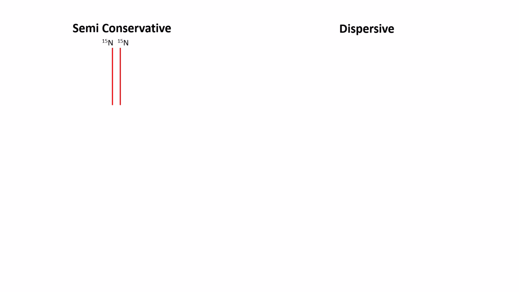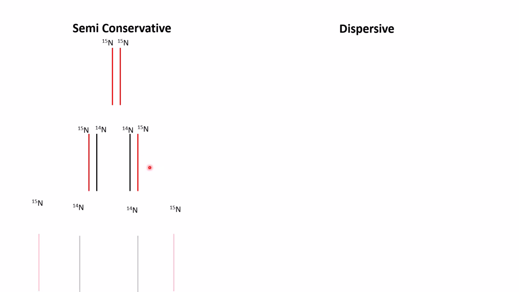So as we have already seen, the parental DNA is the heavy isotope of DNA, that is the heavy DNA. And after the first generation, you will have 2 daughter duplexes such that one strand is heavy DNA and the other strand is light DNA.